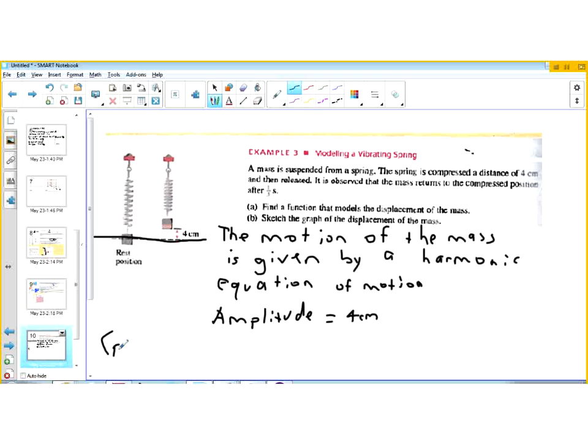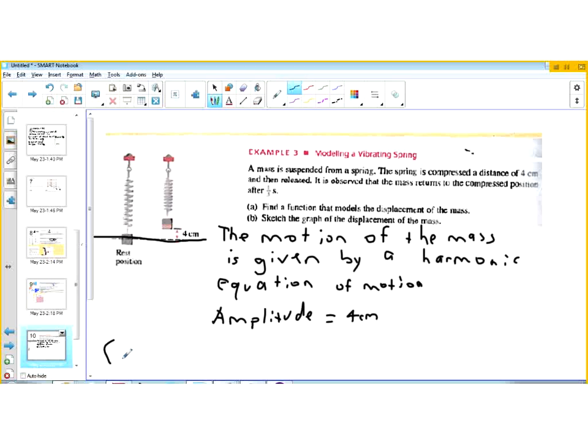So if we have position and time, this is what our graph will consist of. Position is, actually it's the other way around, right? Position is a function of time. Sorry, I have those backwards. We have time versus position.